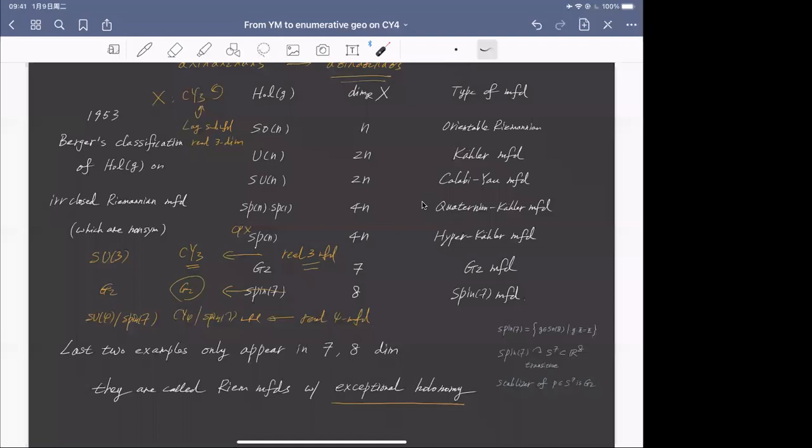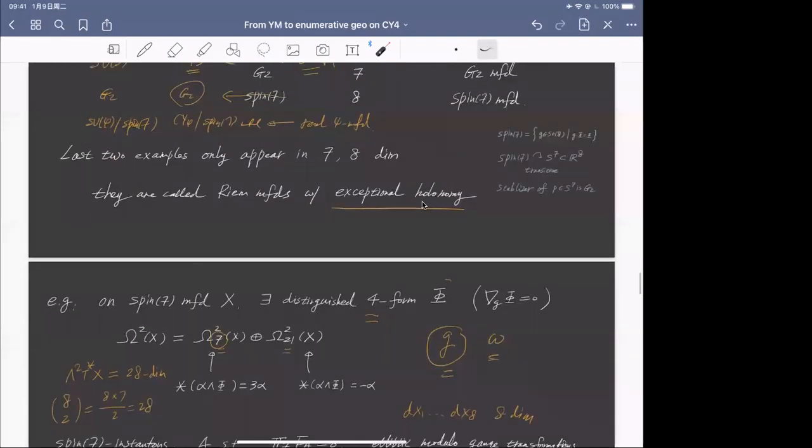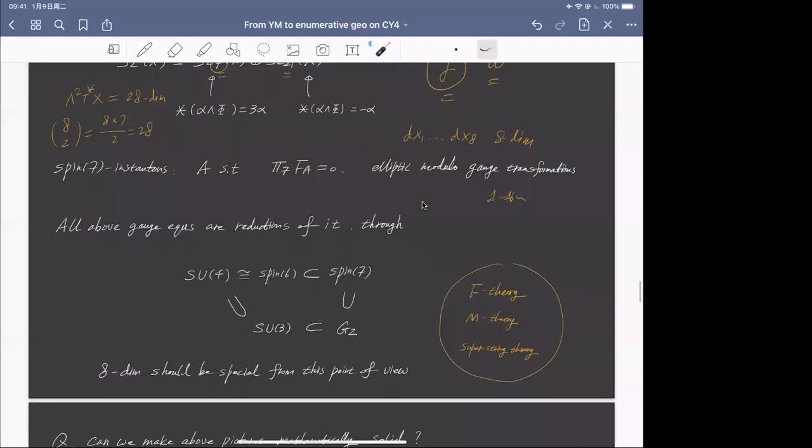Similarly, you can go to M-theory, which is an 11-dimensional theory. This is modeled on G2 manifolds cross maybe R^4. If we go one dimension higher, this becomes a 12-dimensional theory. This is Spin(7) cross R^4. I see. Thank you.